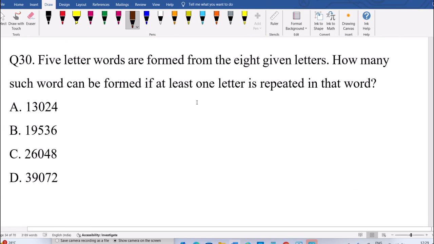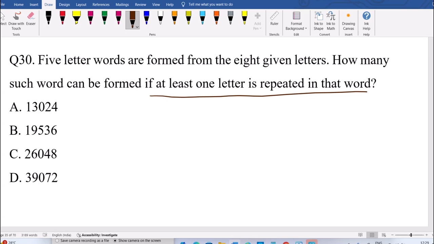Now see 30. Again permutations and combinations. 5-letter words are formed from the 8 given letters. How many such words can be formed if at least one letter is repeated in the word? Guys, excellent question. They didn't give what the word is either. If they are giving 8 letters.